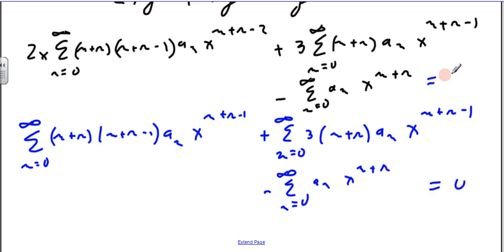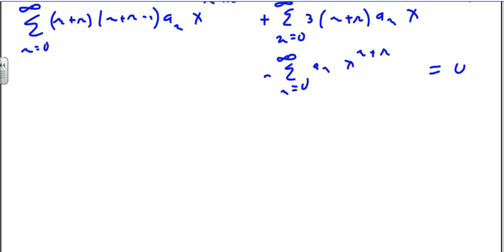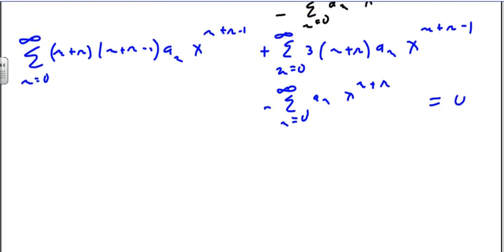Now we want to make the exponents the same. So I've got two that are n plus r minus 1 and one that is n plus r.